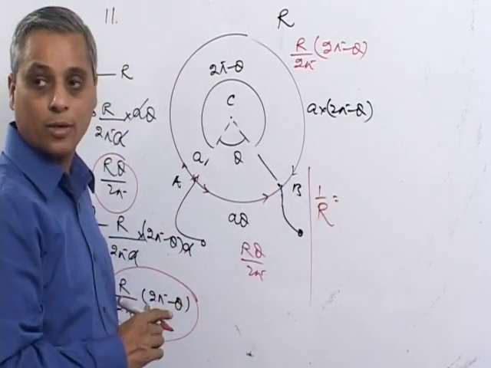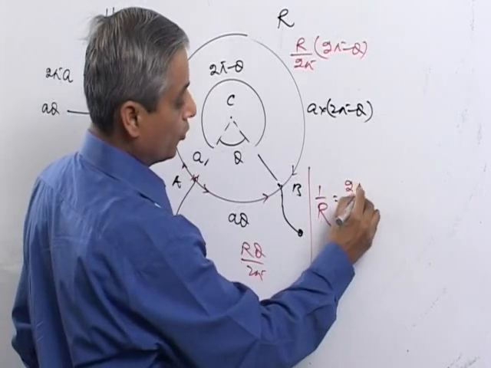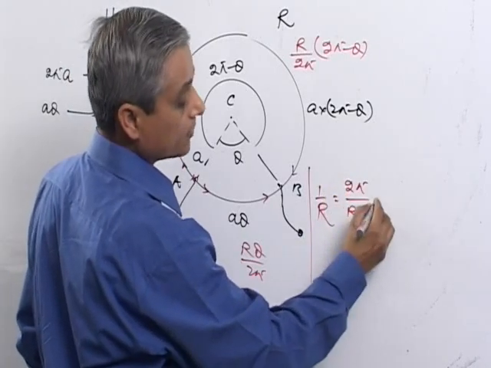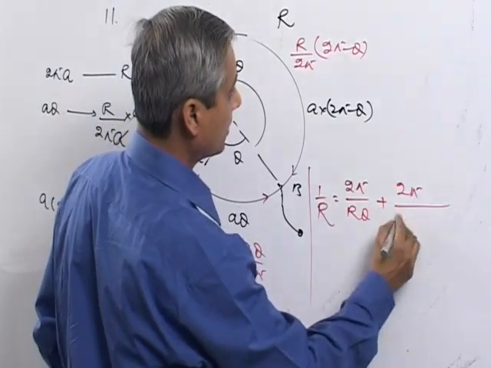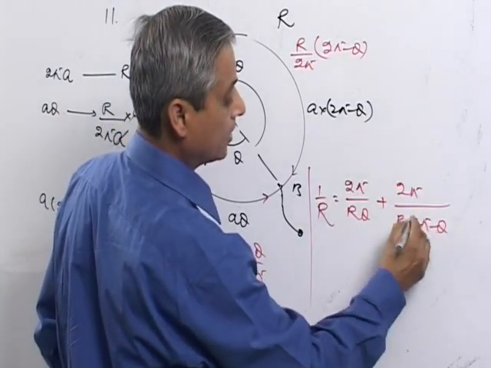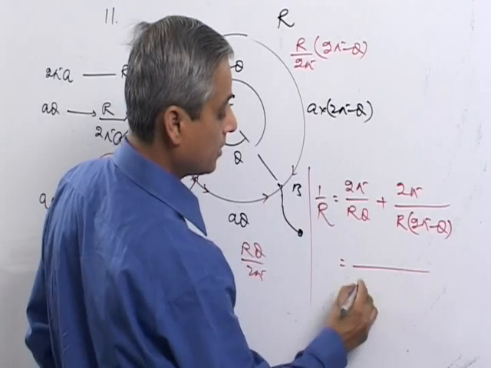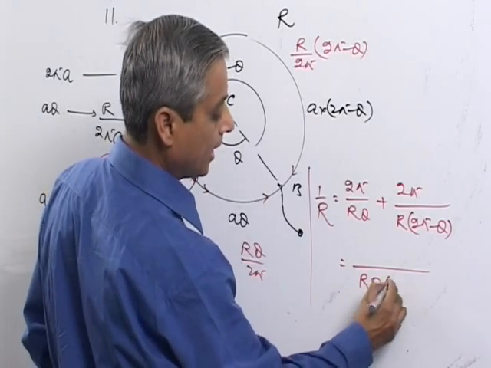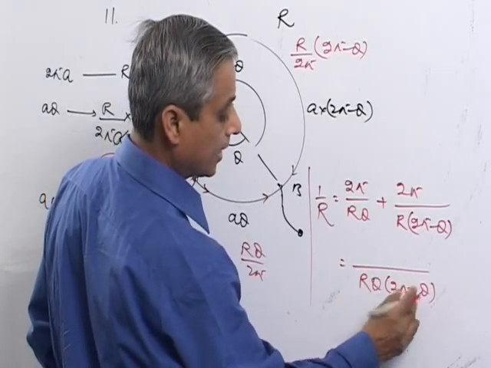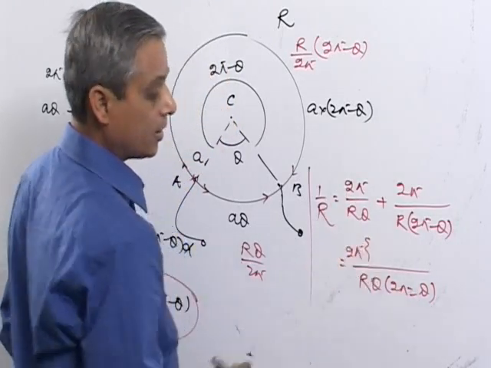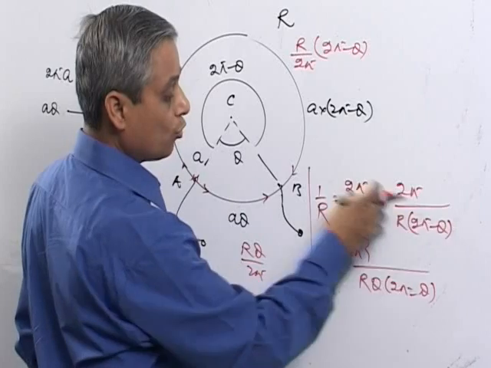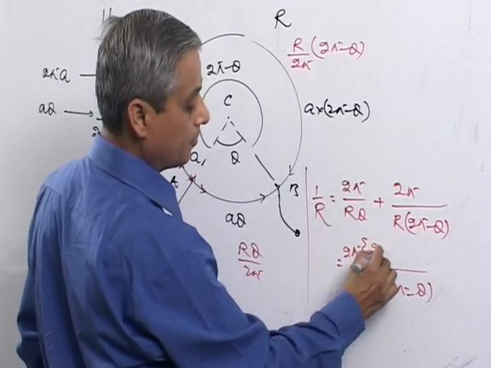1 upon R equals 1 upon R1 plus 1 upon R2, that is 2 pi by R theta, and then plus 2 pi by R times 2 pi minus theta. If you add them up, the LCM is R theta times 2 pi minus theta. Now numerator 2 pi is common. You add 2 pi minus theta to theta.